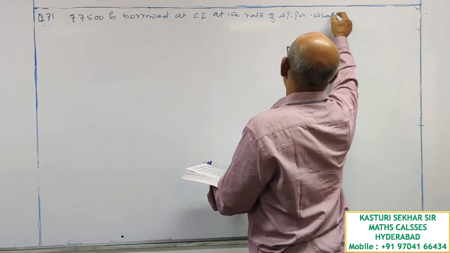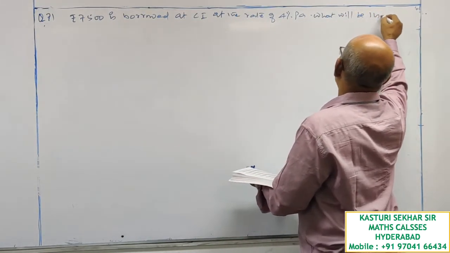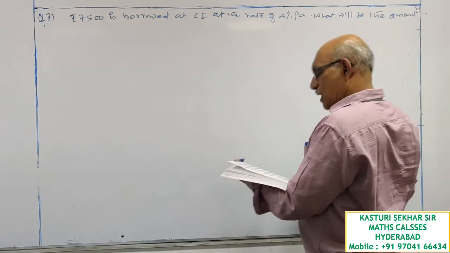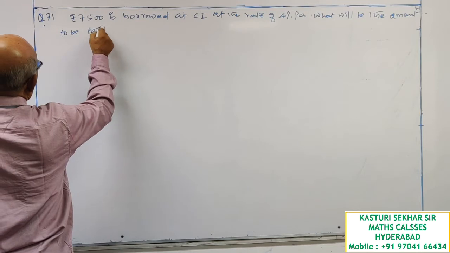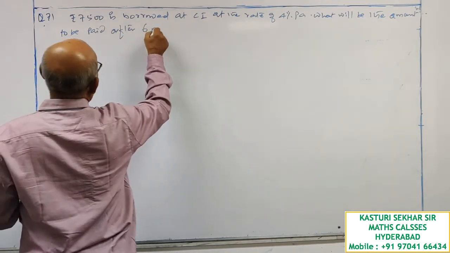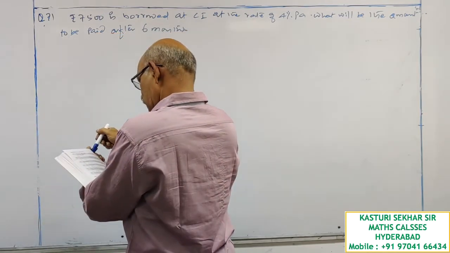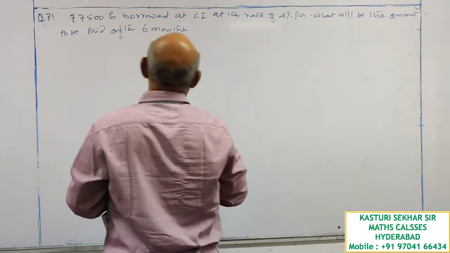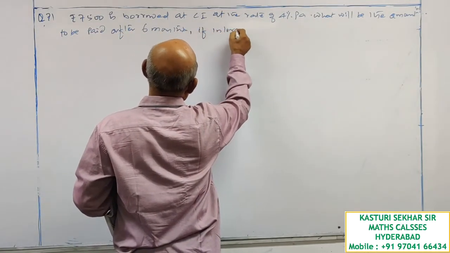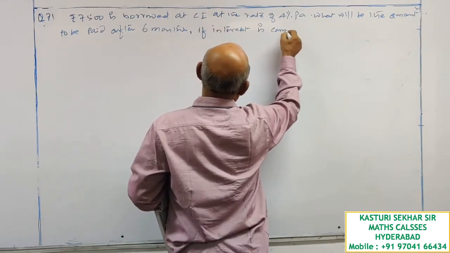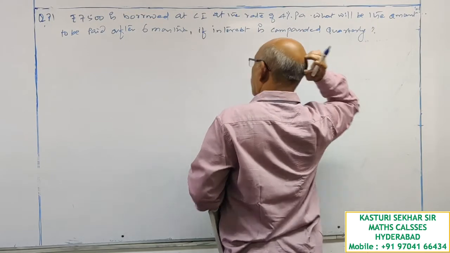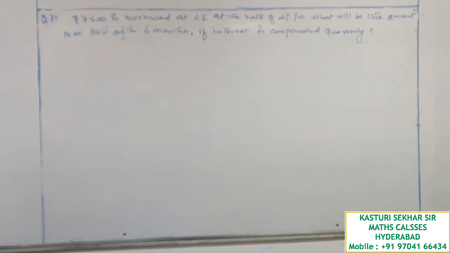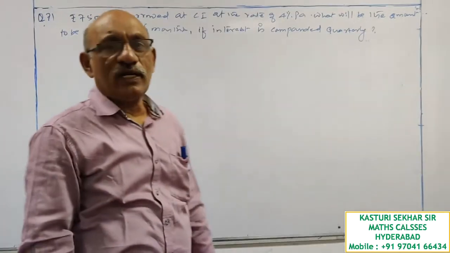What will be the amount to be paid after 6 months, if interest is compounded quarterly? Interest is compounded quarterly.